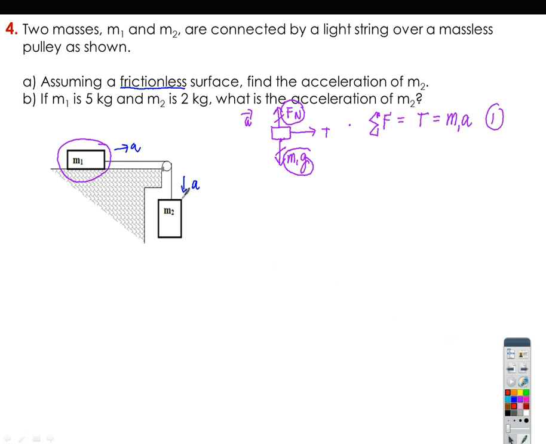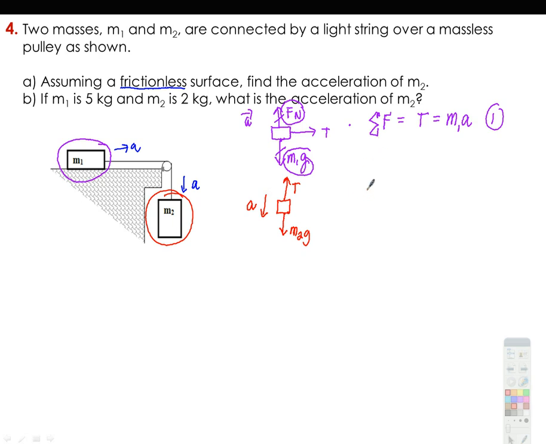Okay, next, for M2, we have the force of gravity going this direction, so that will be m2g. And this one will be the tension. And then we know that it's accelerating this direction. Let's assume the acceleration is going downward.